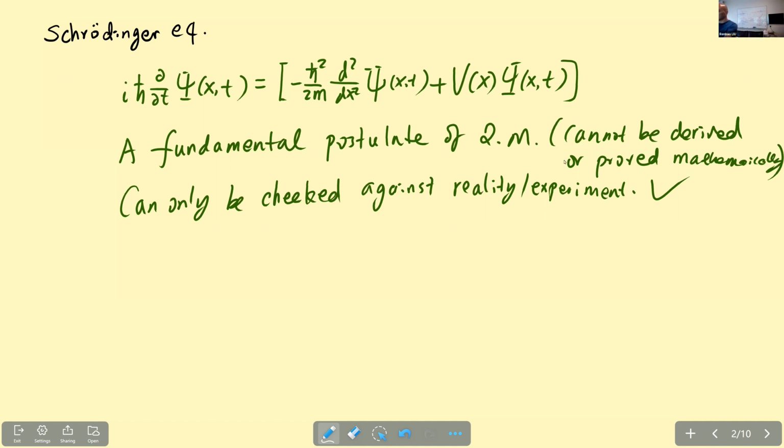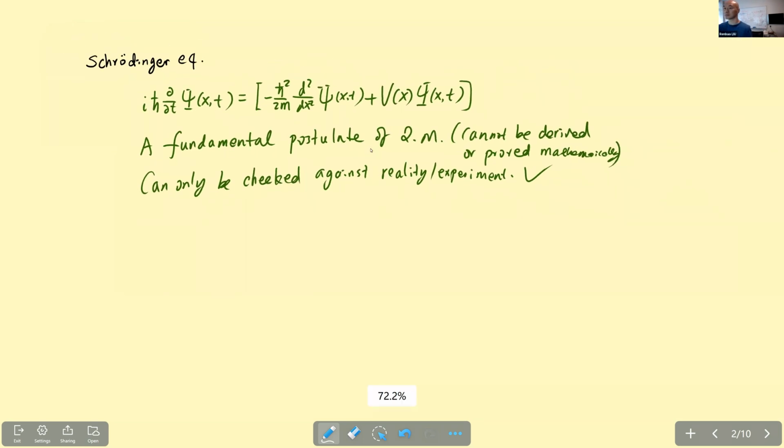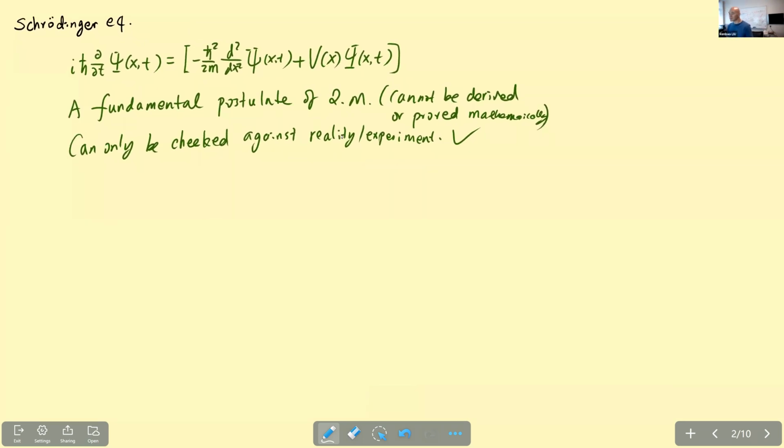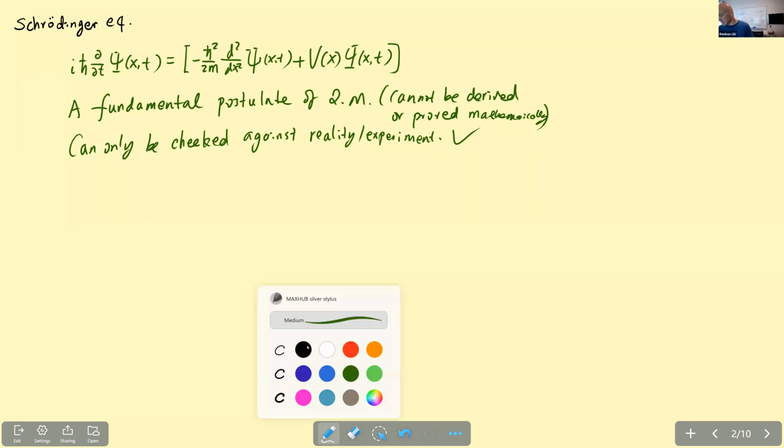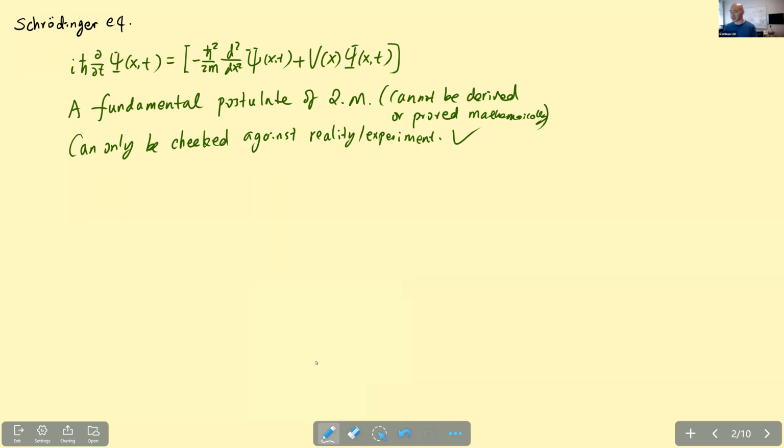But of course, you can say that there could be some motivation to come up with this form. It's not a proof, but it gives us some kind of understanding.